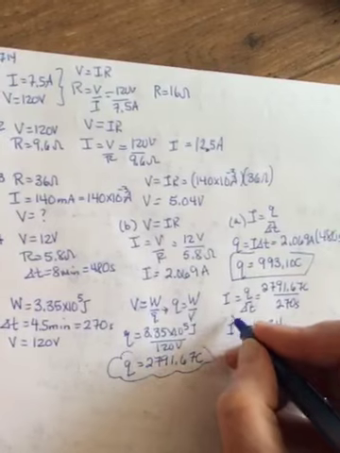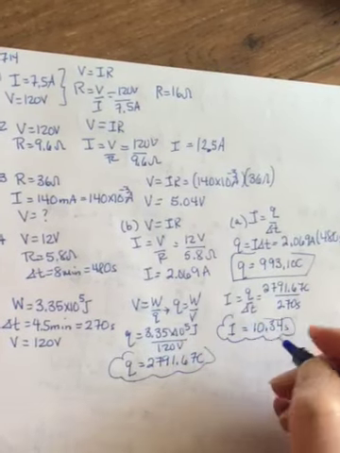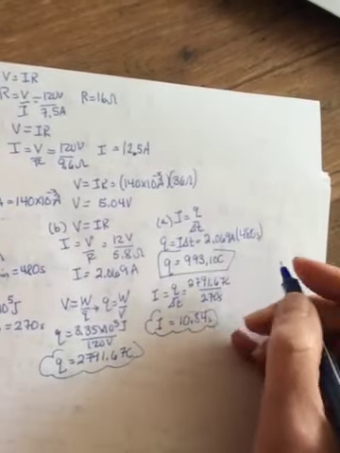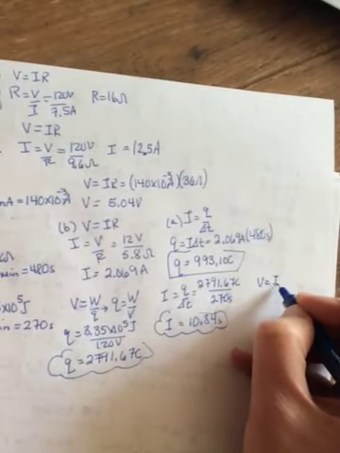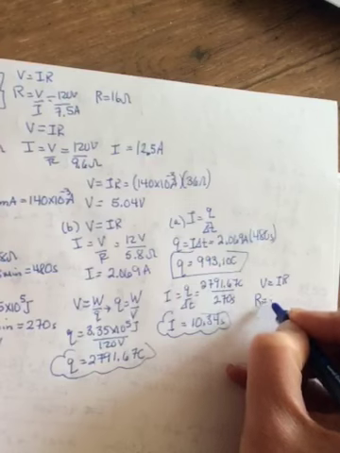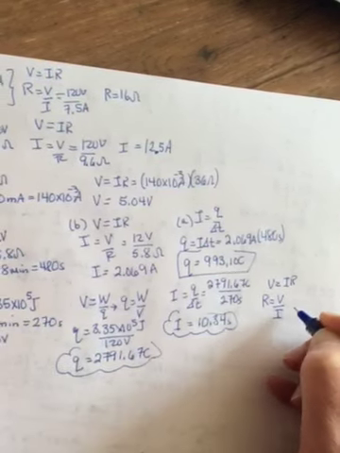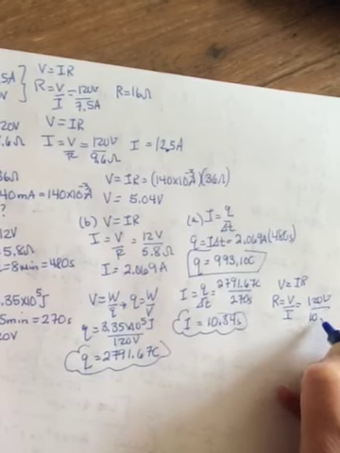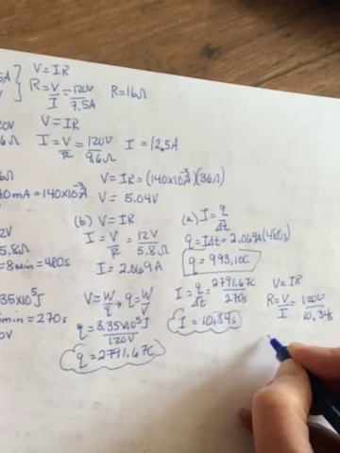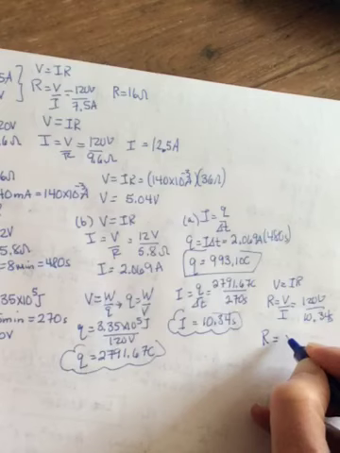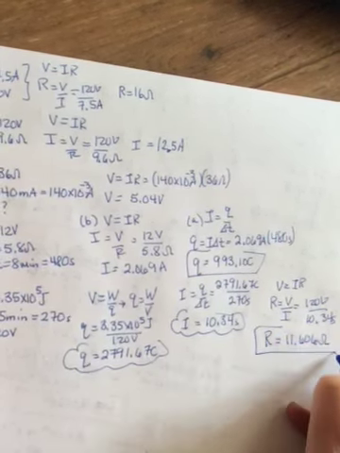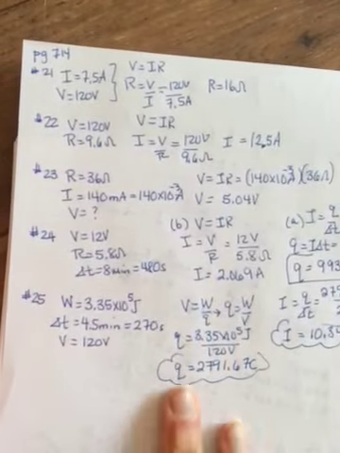I'm not sure if I round it. Sorry about that. And now the question wants to know the resistance. So now you're going to do V equals IR. So R is equal to V over I. So V was 120 volts and I is the 10.34. And so when you do this, you get an R of 11.606 ohms. Okay, number 25.